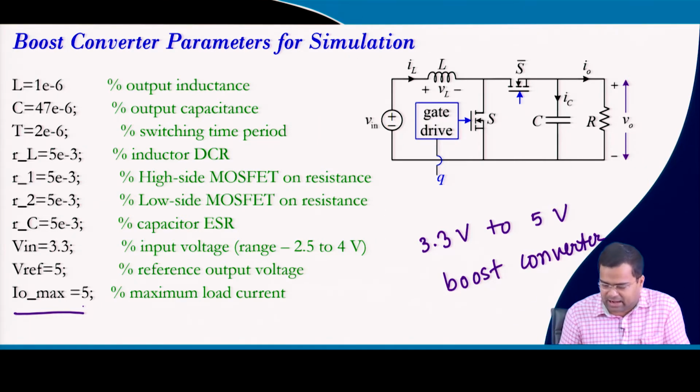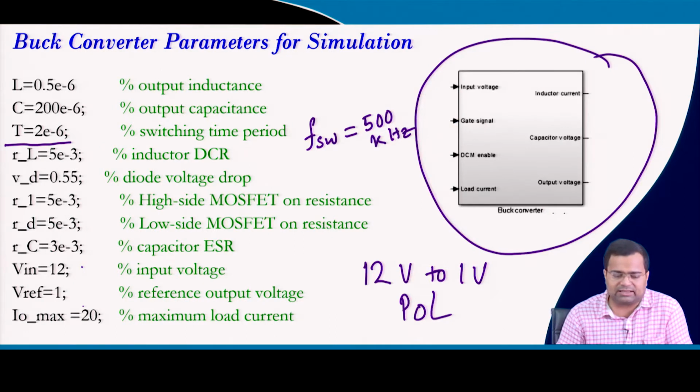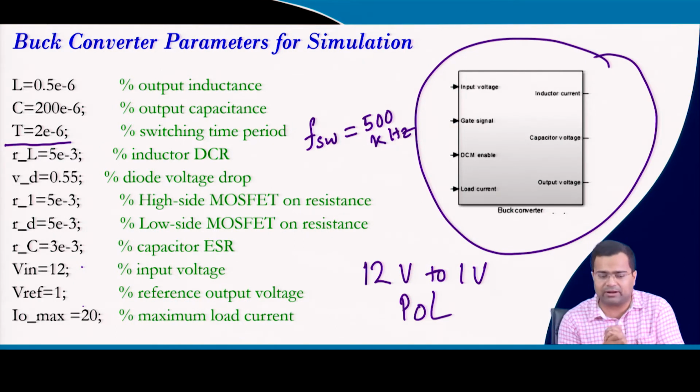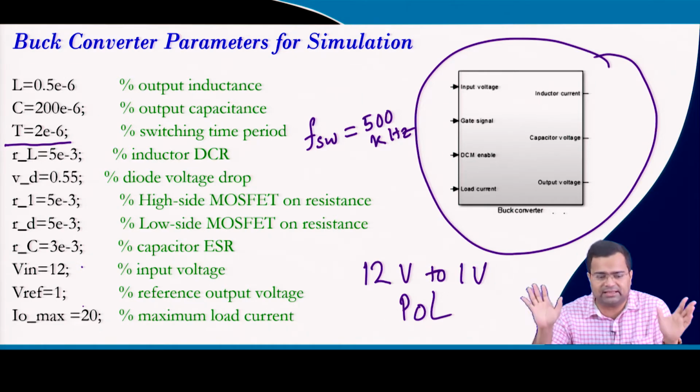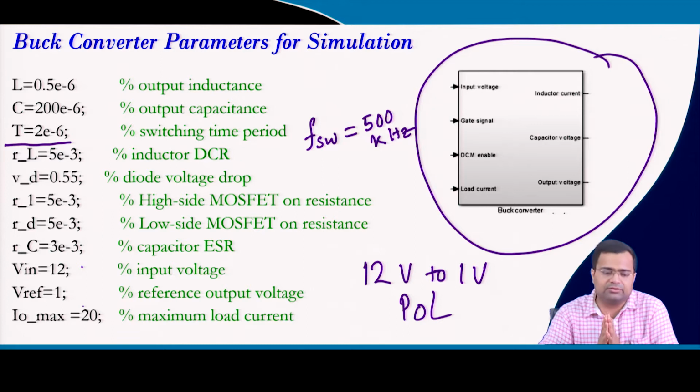If you look at the two cases, in the first case we are talking about a conventional buck converter, and as I said, in Simulink we can use a synchronous buck by changing the DCM enable logic, and we also want to modify the diode drop, because in a synchronous buck there is no diode and no question of diode drop.